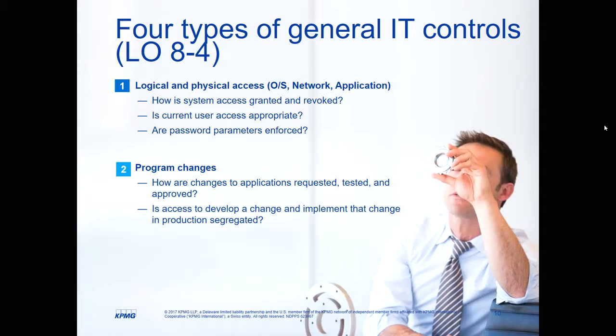And so then digging back into the general controls, the general IT controls, we have 4 types, and different groups can lump these in different ways. I've just found this is a nice way, seems to make sense in my head for how we want to consider it. And so the first one is basically access controls, right? So we're talking about access to the IT assets.